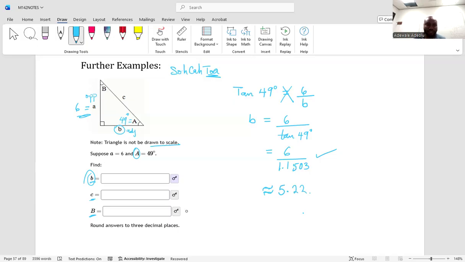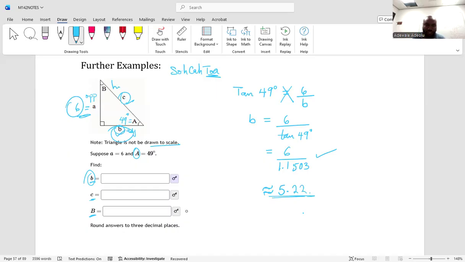Now we have this length. We are looking for C. Now, we have too many ways to find C. Remember, we have this length that we just calculated here. We can use Pythagoras theorem to find the hypotenuse. Or if we want to use the SOHCAHTOA we have been using, it is still fine.